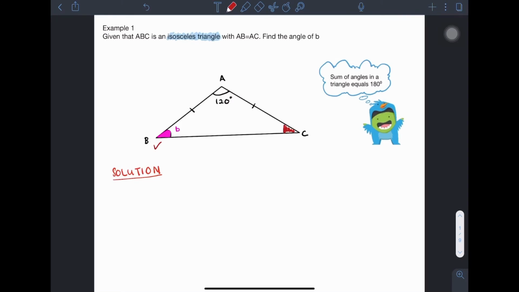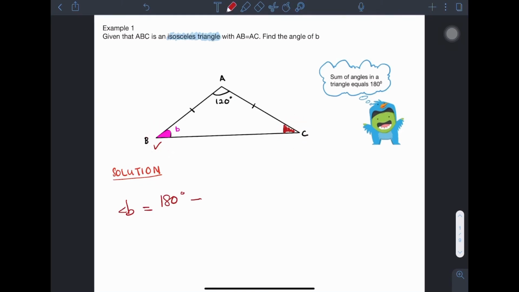So to solve this question, we know that the sum of angles in a triangle equals 180. To get the angle of B, we take 180 degree and minus the other angles. We know that this angle equals 120, and these two angles are equal to each other.